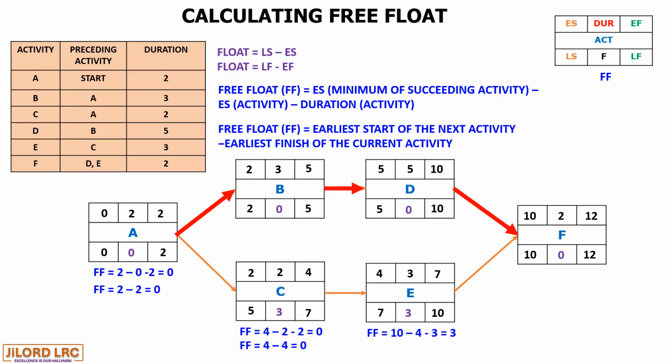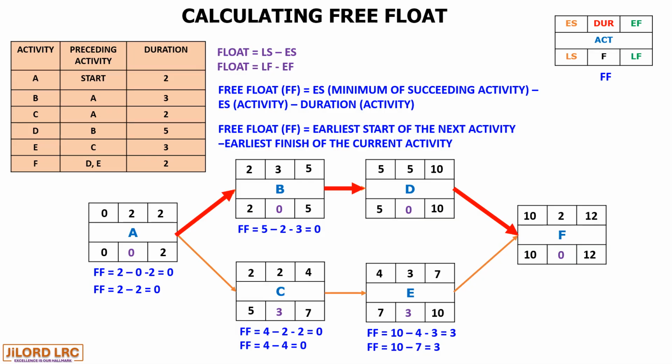For activity E, we take the early start of the succeeding activity F, which is 10, minus the early start of activity E, 4, minus the duration 3, giving us 3. And using the second formula, 10 minus 7, which is the early start of the next activity, minus the early finish of the current activity, giving us the same answer.